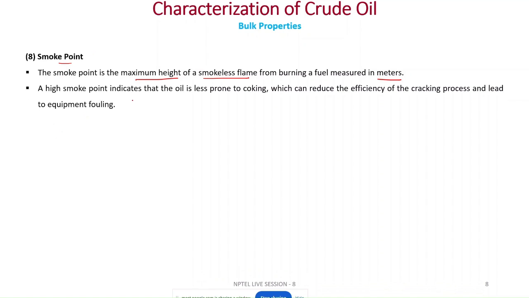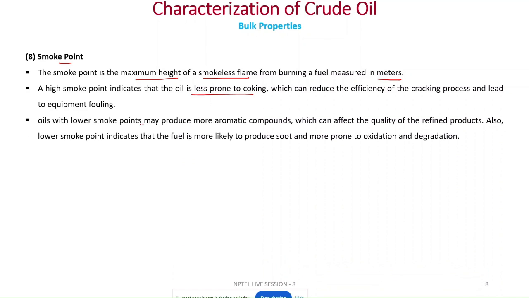A high smoke point indicates that the oil is less prone to coking, which can reduce the efficiency of the cracking process and can lead to equipment fouling. So, a high smoke point is favorable.